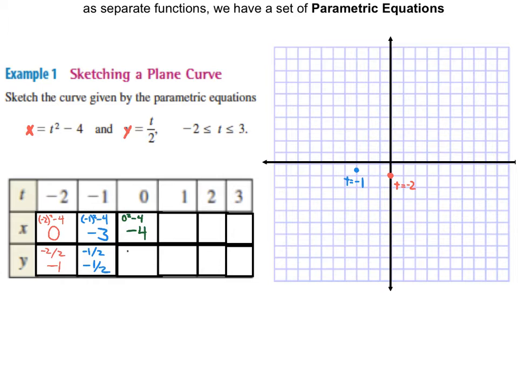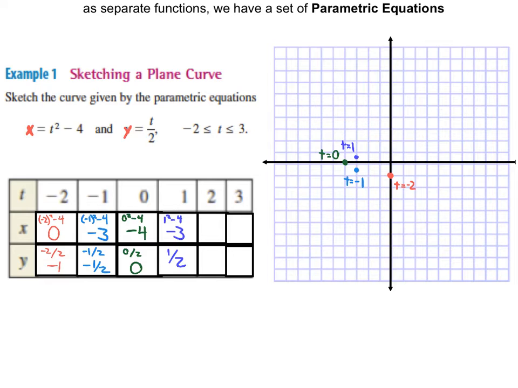I have 0 divided by 2, which is 0. So I have the point -4, 0 when t equals 0. We'll do all of them different colors if we can. At 1, I have 1 squared minus 4, -3. I have 1 over 2, which is just a half. So right here is when t equals 1.